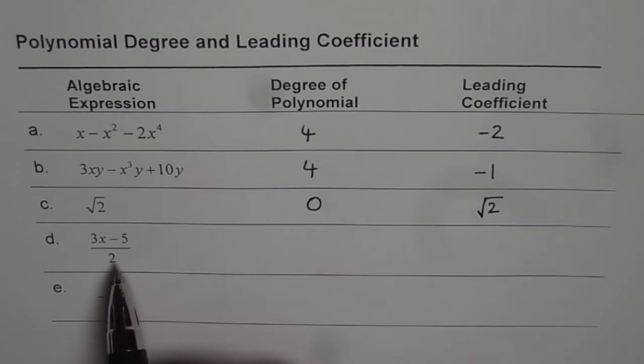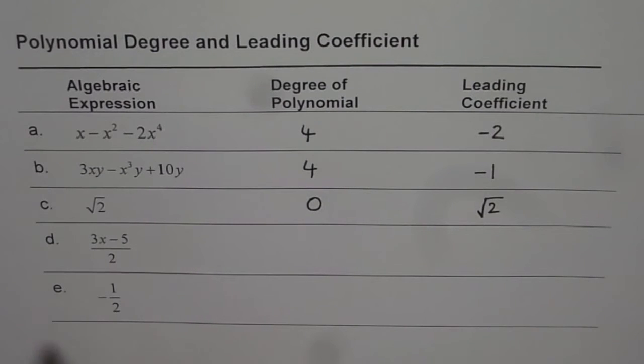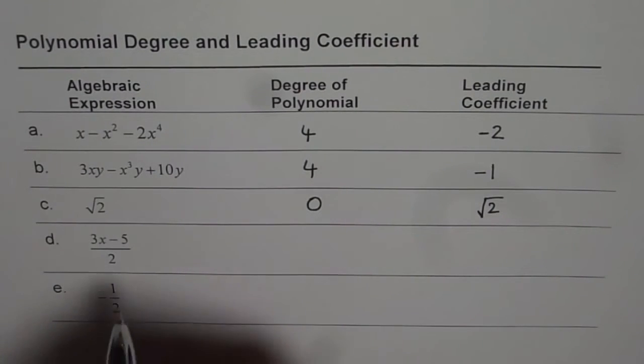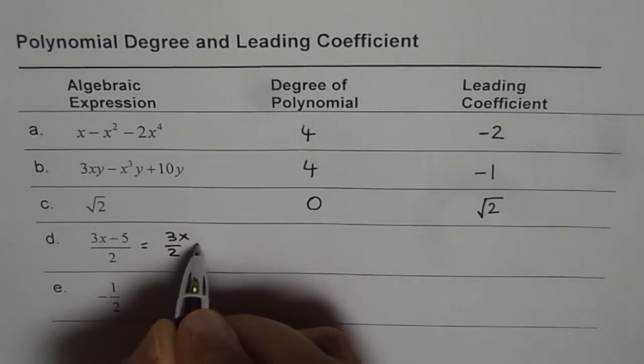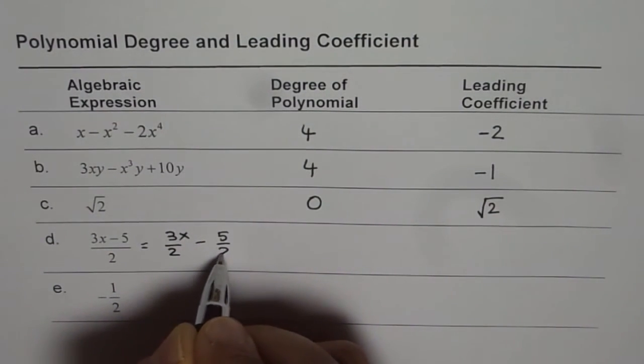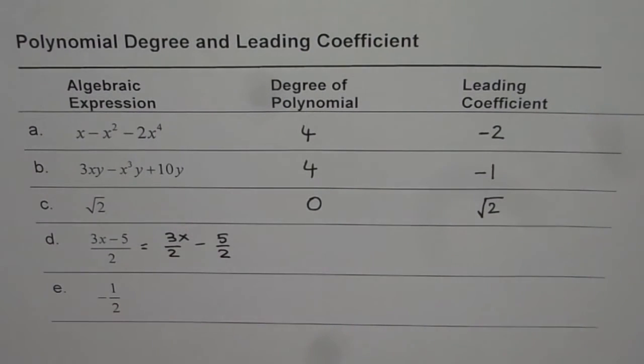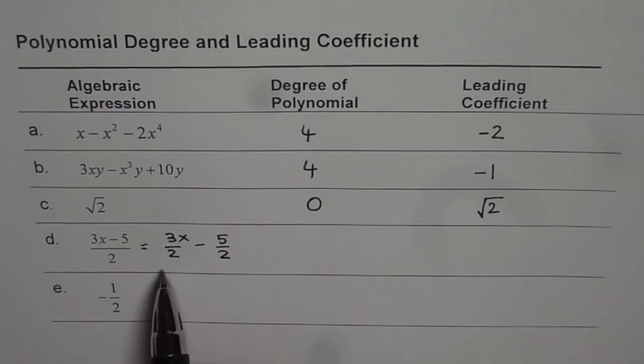The next one is 3x minus 5 divided by 2. Now think about it as equal to 3x over 2 minus 5 over 2. Now when we have this kind of an expression, it's very easy for us to read the leading coefficient and also the degree.